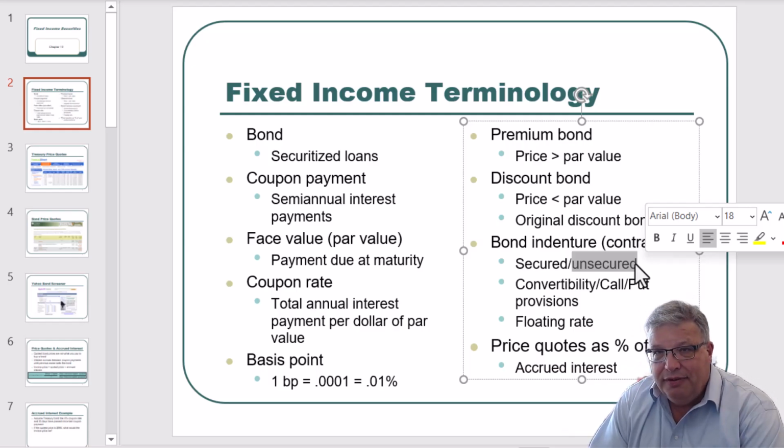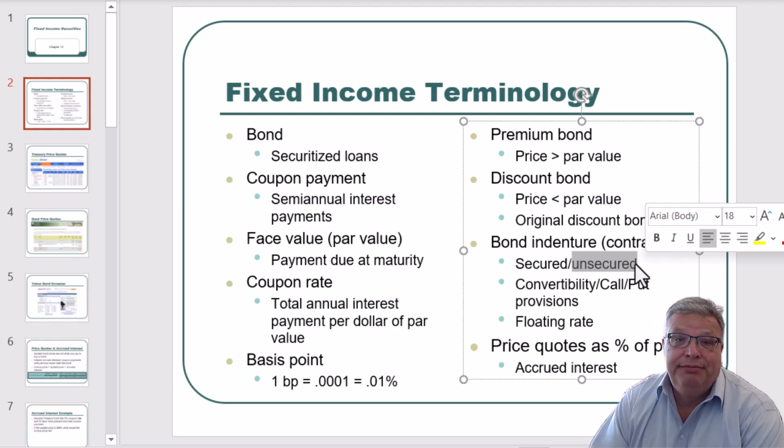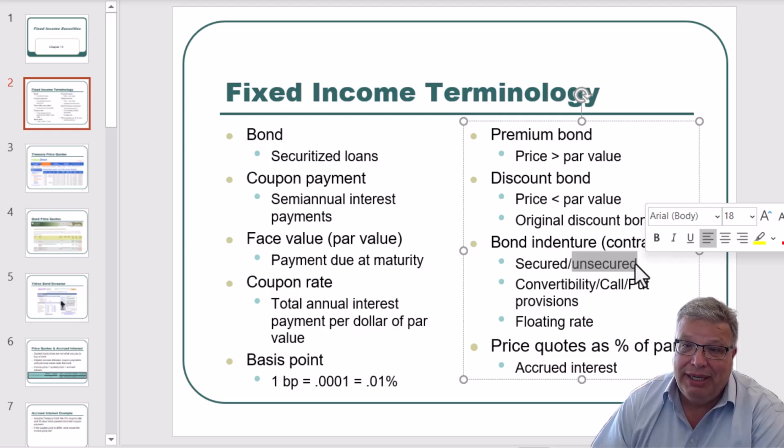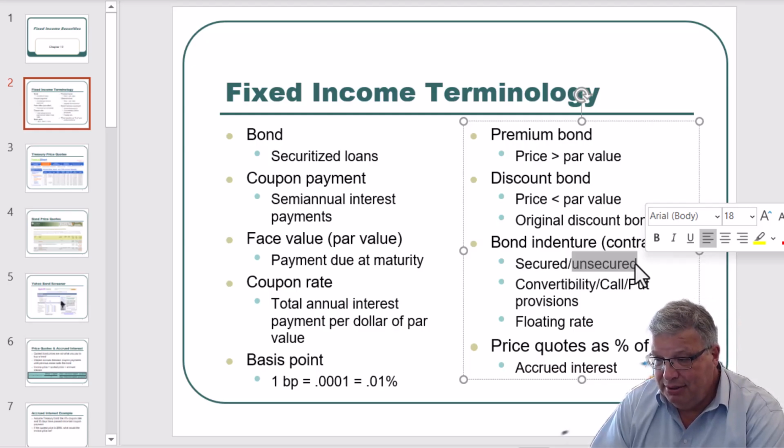If you take out a loan from your credit card, it's unsecured. All they have to do is go after you personally to get the money. If you buy a car and take out a car loan, that car loan is secured by the car, right? So if you stop making payments, they can collect the car. And same thing if you take out a mortgage.